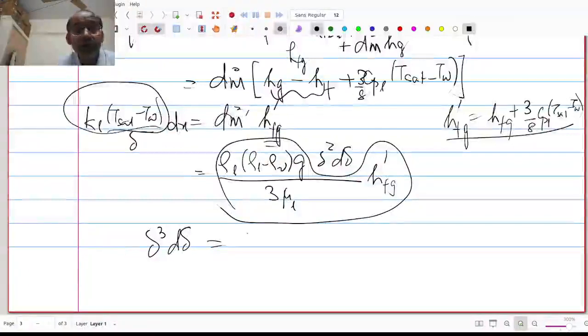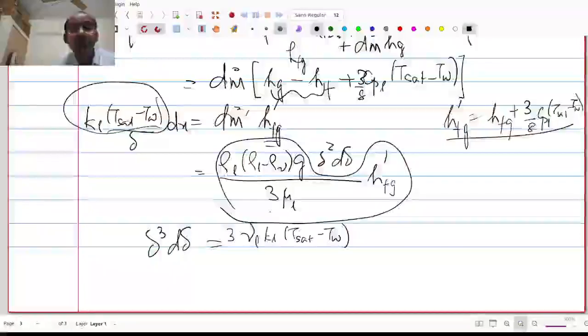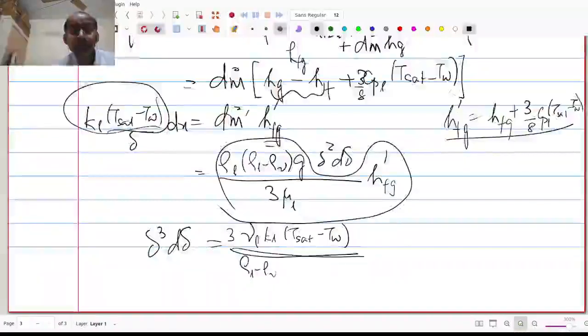There is a mu L by rho L, so I write it as mu L, and there's a 3, and there is a KL into Tsat minus Twall. Those are the numerators, divided by the denominators, which will be rho L minus rho V into G into hfg prime, into dx.